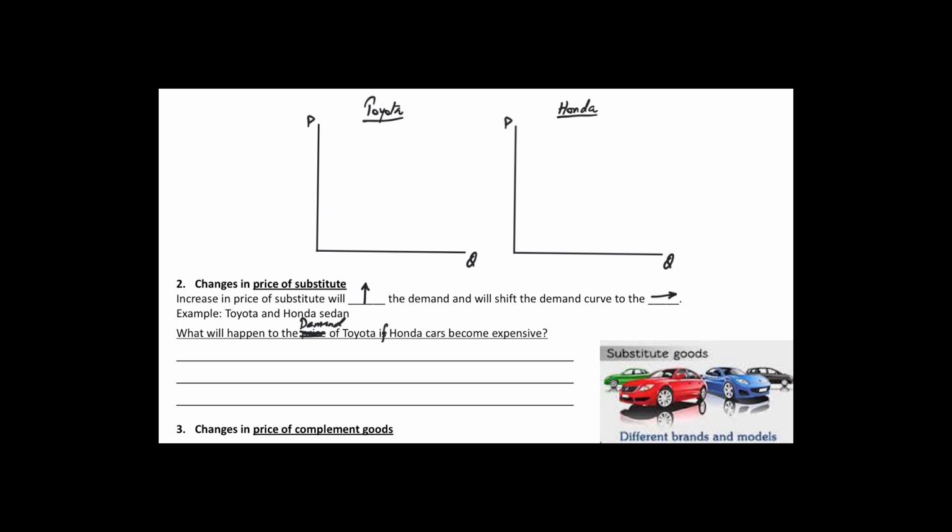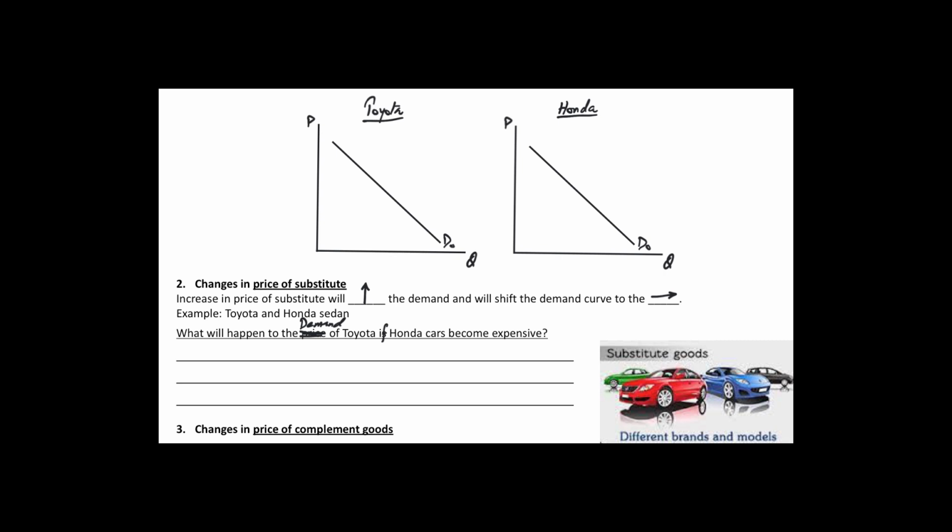Okay, so let me work the two diagrams. I'm just roughly making the two diagrams. This is the demand curve for this, this is the demand curve for this. These price numbers and quantity numbers are unrelated to these price and quantity numbers. They can have different axes, different numbers.